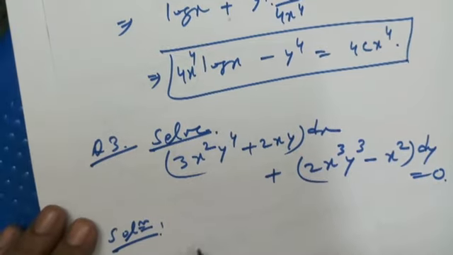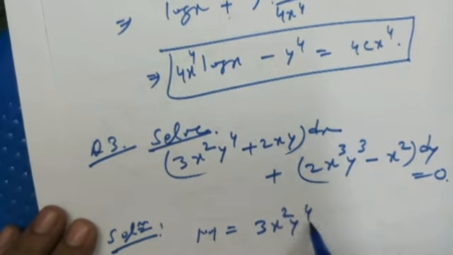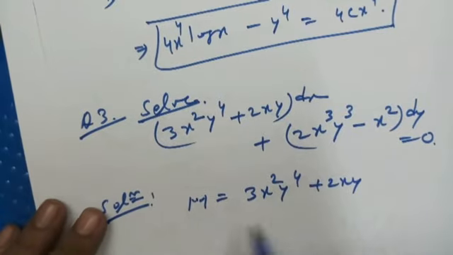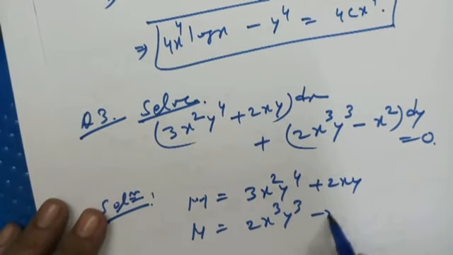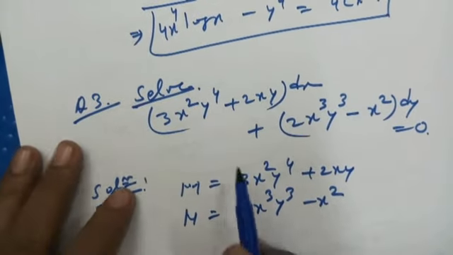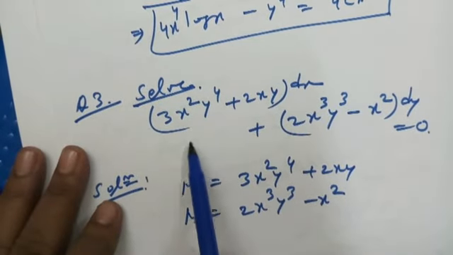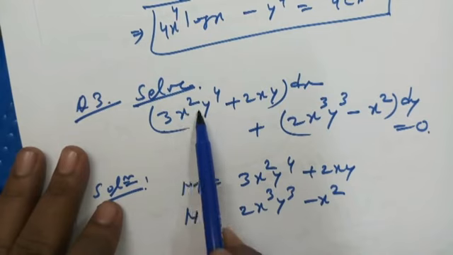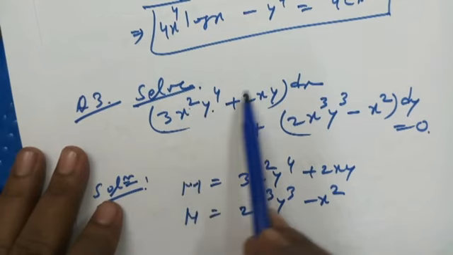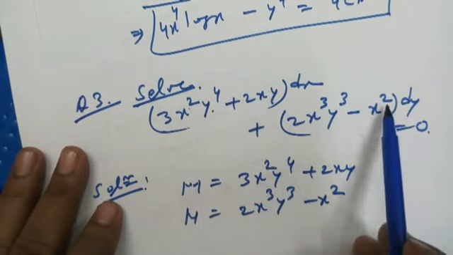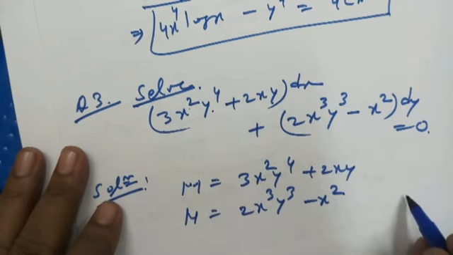Now the solution is: here m is 3x square y power 4 plus 2xy, and n is 2x cube y cube minus x square. Let's see this equation carefully. If you observe, here the total power of x and y is 6, but here 2, here 6, here 2. So we cannot use rule 1.